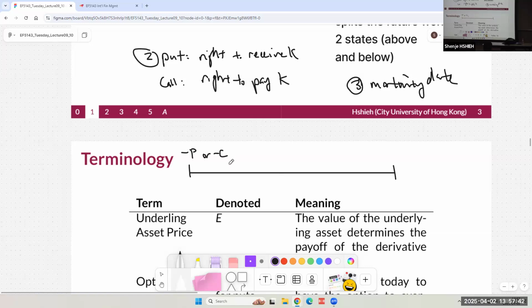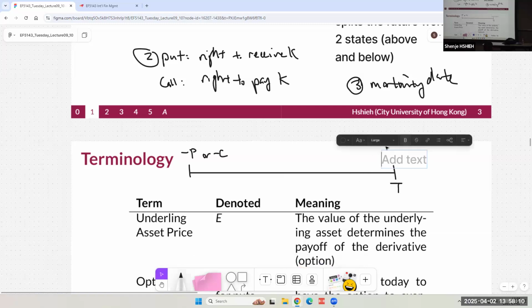Because you have to buy the contract to get that position. We're going to make the world simple, okay? So let's assume there's no such thing as an option that allows you to exercise before maturity. That's called an American option, and we'll talk about that later. Let's assume that you can only have that right to buy or receive, pay or receive K at maturity. Let's make it capital T.